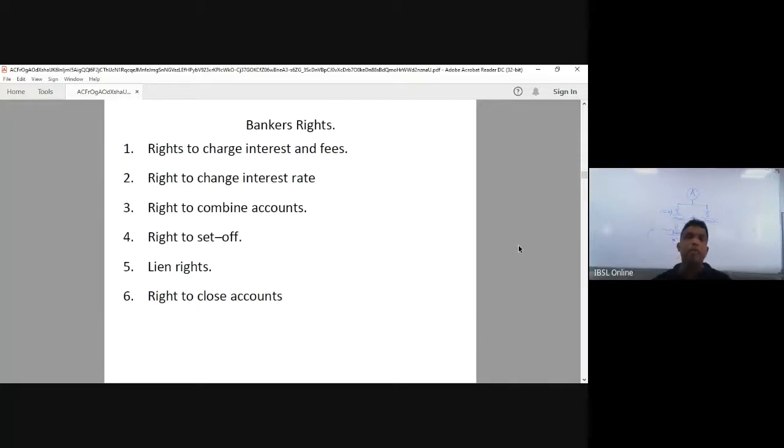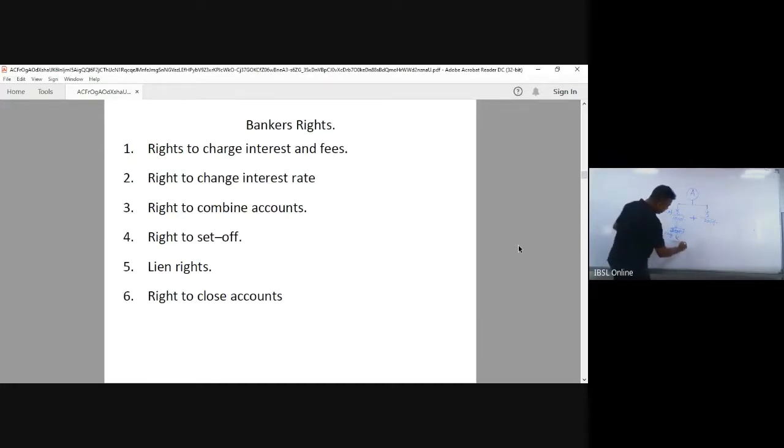Then the right to set off. Again, it is a right given to the banks under the bank-customer relationship. The bank has a right to set off the customer's account. What is that? Right to set off, we can take the same kind of scenario. Say the customer issues a check from this account for 3,000 rupees and the bank pays the check by overdrawing the account.